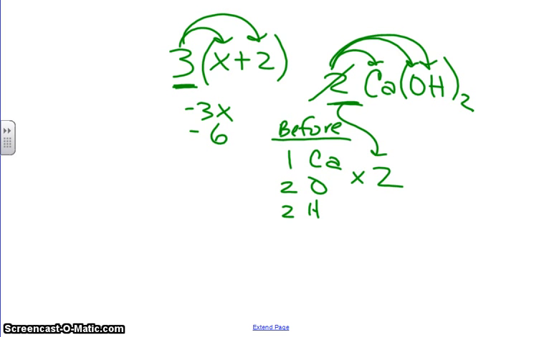So now we have 2 calciums, we have 4 oxygens, and we have 4 hydrogens. You see how that works? So what you're trying to do is a bunch of trial and error to get them equal? Exactly. That's a lot of trial and error. Okay. Well, but as you continue, you'll start to see some trends.